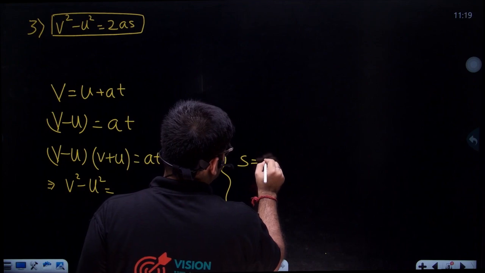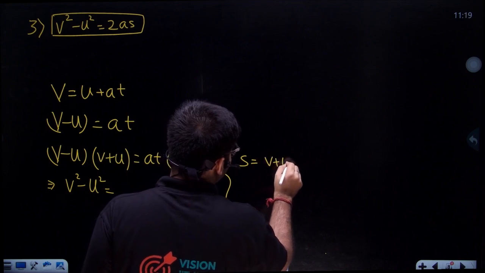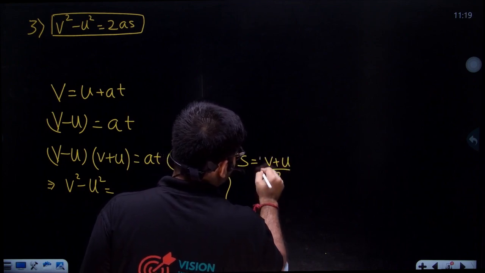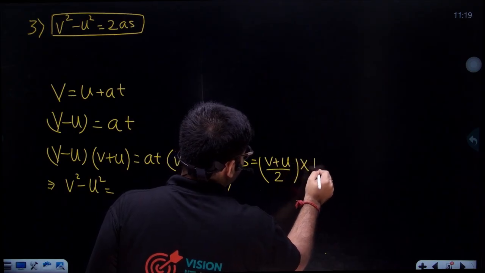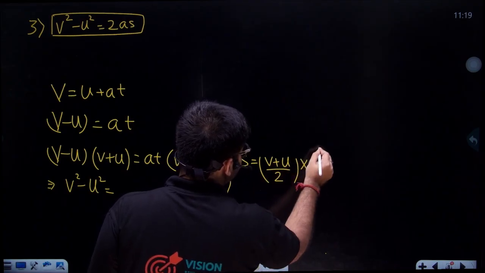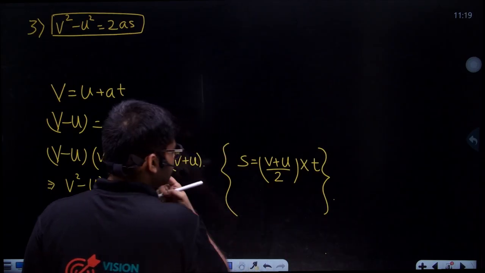So it is V plus U by 2 into time, where V plus U by 2 is the average velocity.